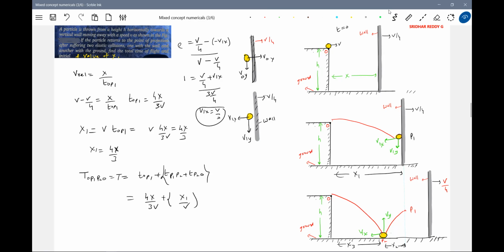It is thrown horizontally. So it will strike. I think getting the diagram is a little bit difficult, maybe.